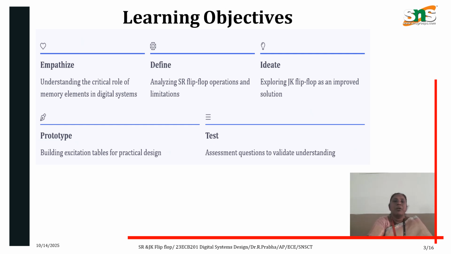In the define part, we are analyzing SR flip-flop operation and its limitations. Because of this limitation, in the ideate part, we are exploring JK flip-flop as the improved solution, and the prototype is building excitation tables for practical design and testing assessment questions to validate the understanding of the learners.